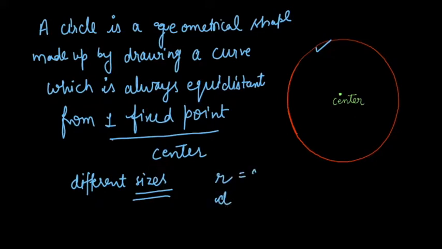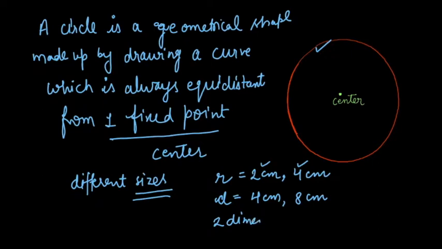If the radius is 2 centimeters and if the radius is 4 centimeters, there will be different sizes of circles. If the diameter is 4 centimeters and 8 centimeters, we get different sizes of the circle, but the shape remains the same. It's a two-dimensional figure, which we have already discussed.